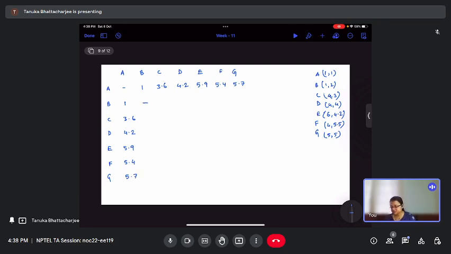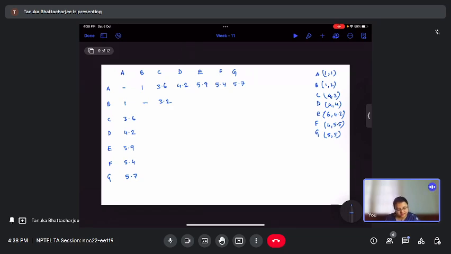Now, we will compute the distances with B. So, the distance between B and C will be 3.2.